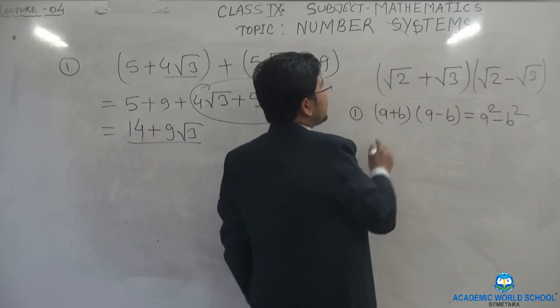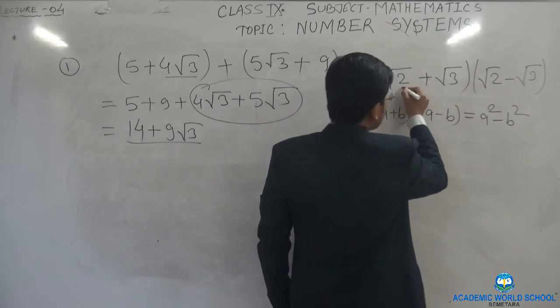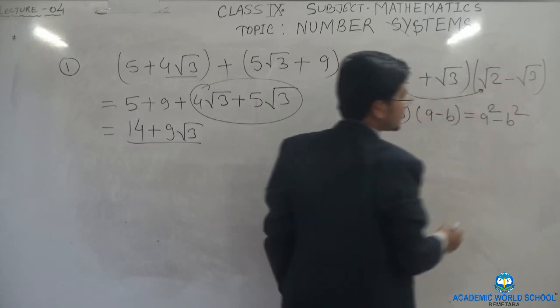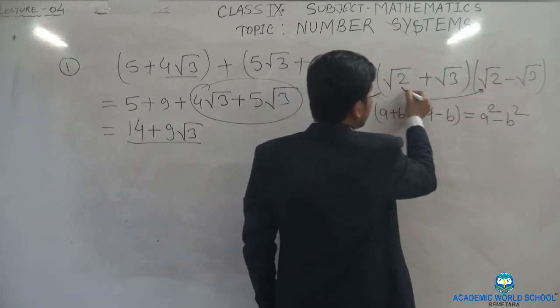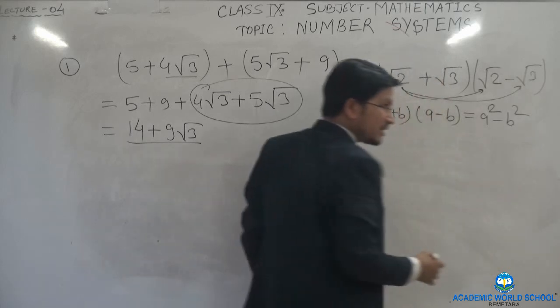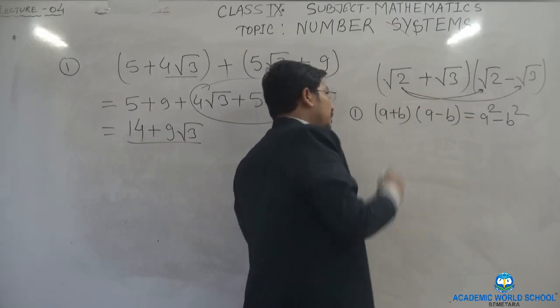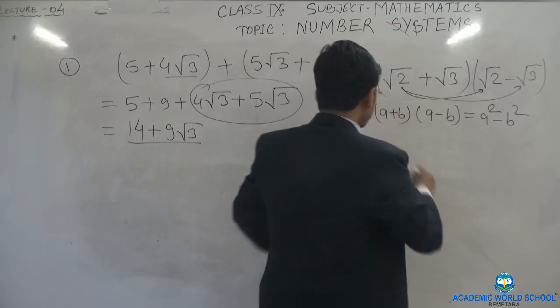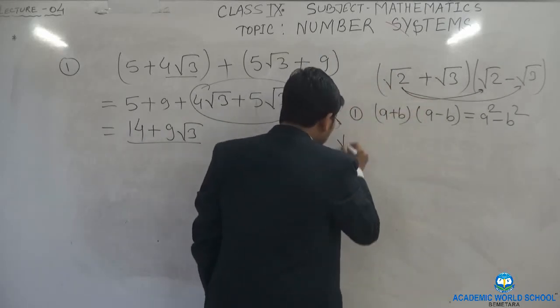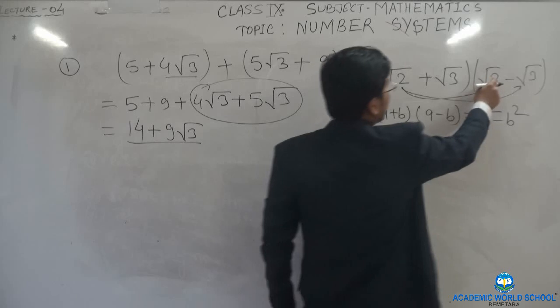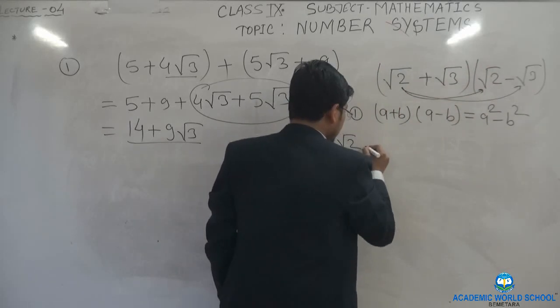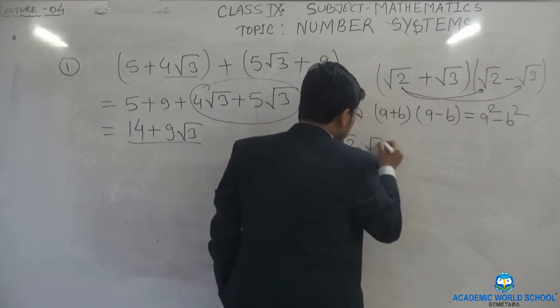So how are we going to solve this? Listen, first we are going to multiply this term by this, then we are going to multiply this term to this. Let's say we are going to solve if we don't know the formula. So this root 2 will be multiplied to this root 2, root 2 into root 2.